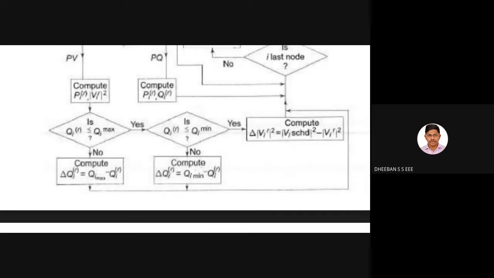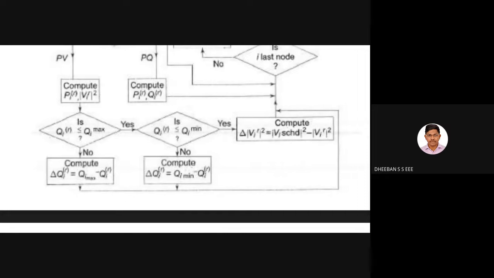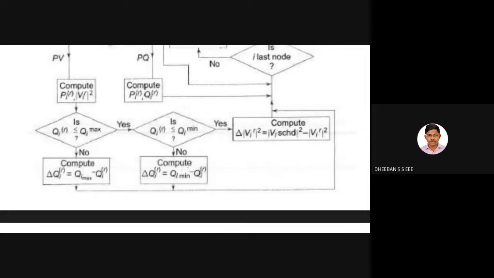If the Q limit is satisfied, then no problem. If it is not satisfied, you have to set the value of your Q. If it is satisfied, you have to move towards your voltage equation, del V.